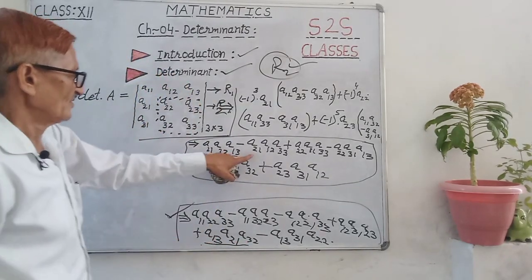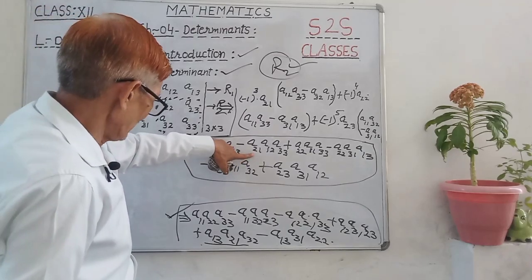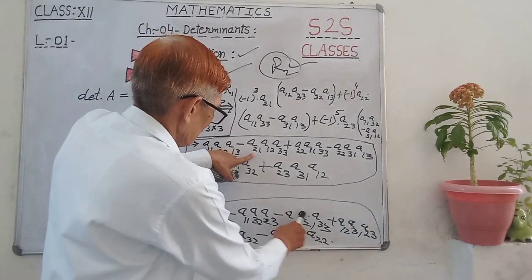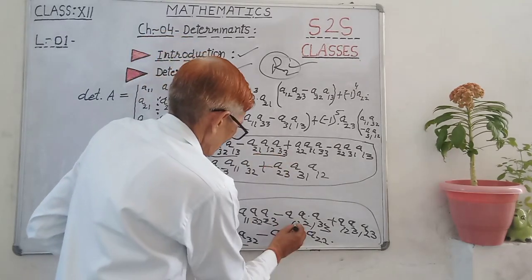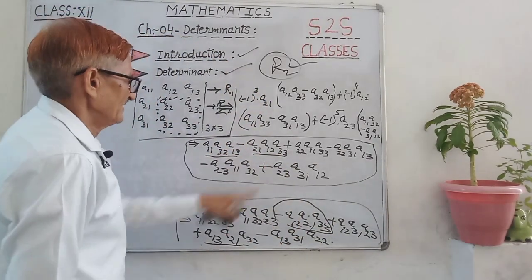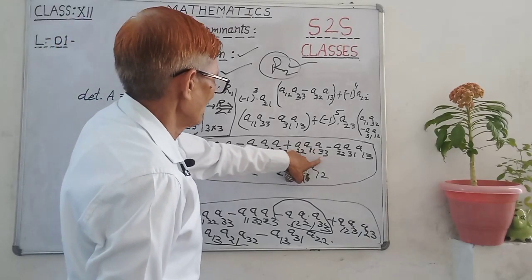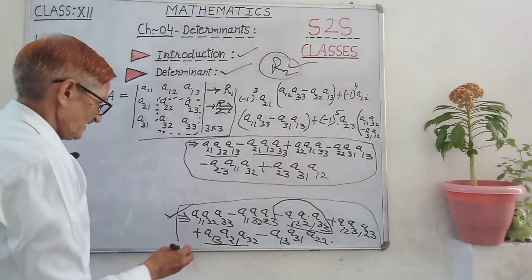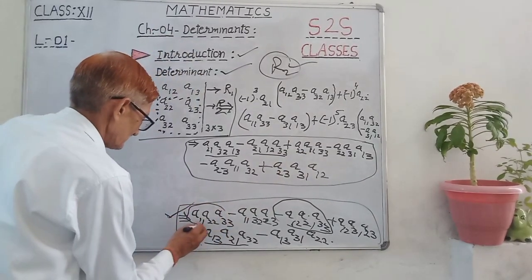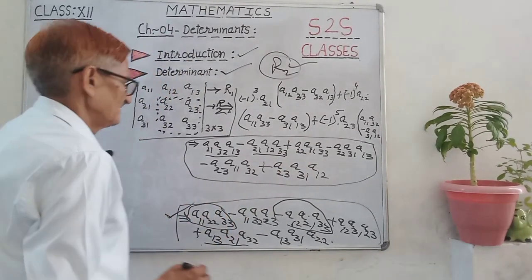Okay, next negative A21 A12 A33, this element, this minus done. Next A22 A11 A33, it is positive, done.